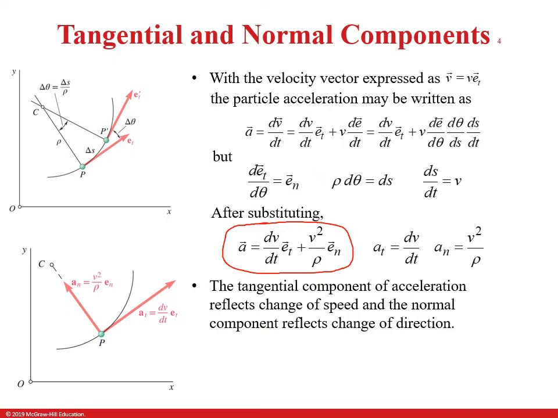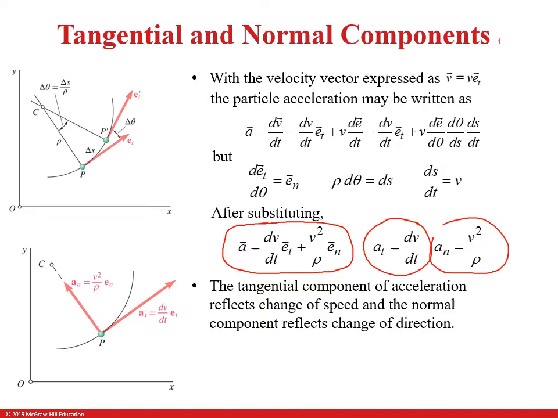If you imagine this particle moving, the acceleration in the normal direction is the speed squared divided by the instantaneous radius of curvature, or rho. So we can see that it's just written in the two components here.